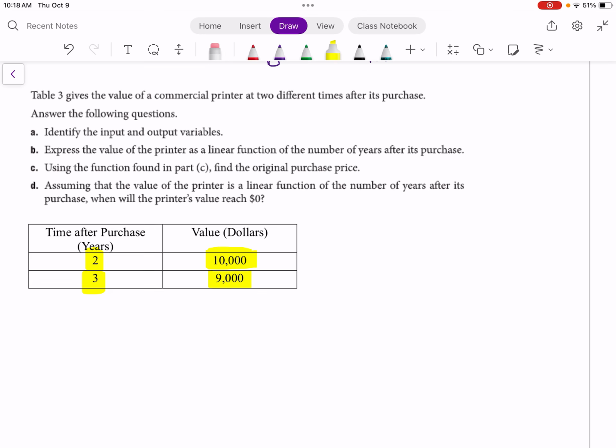Now in the first part we are asked to identify the input and output variables. Let's use t for the time after purchase, and let's call v the value of the printer after its purchase. Now what would be the input and the output?